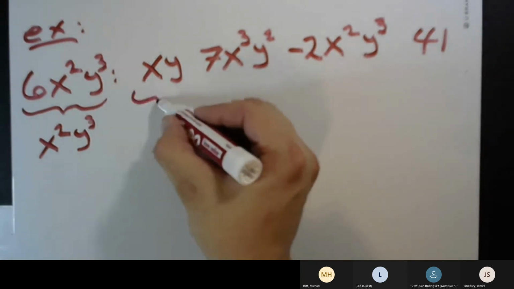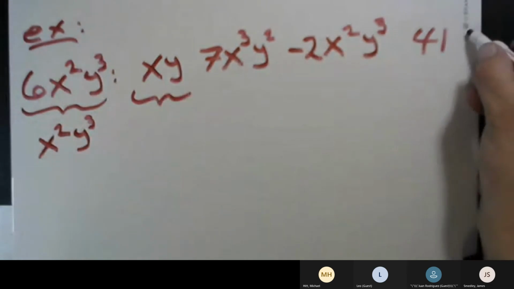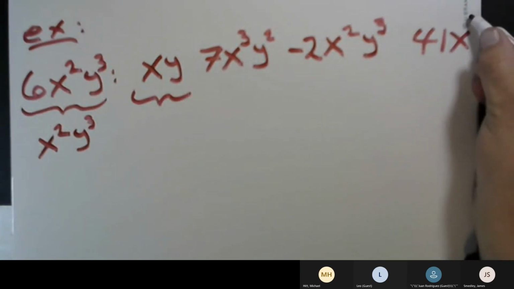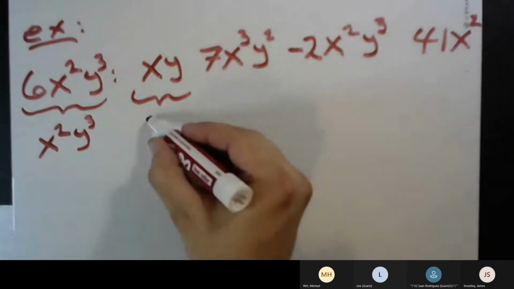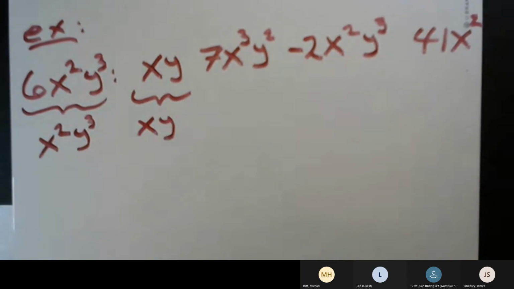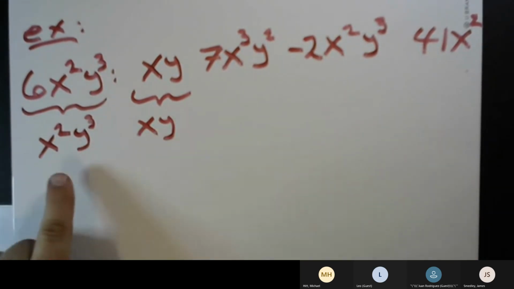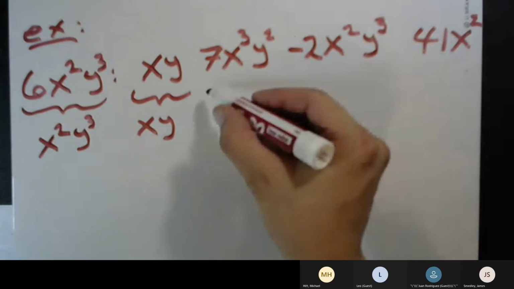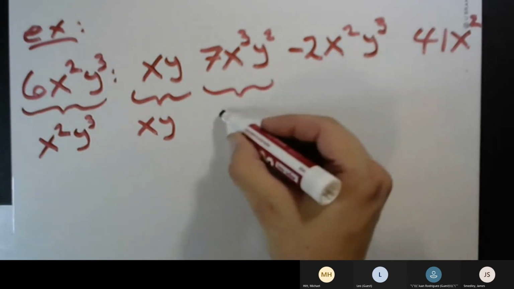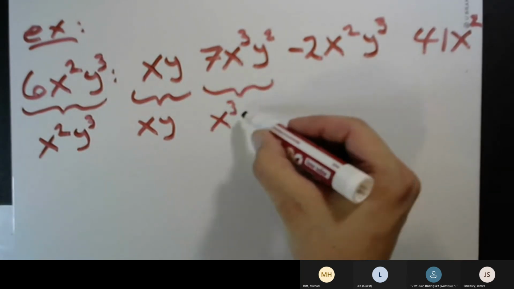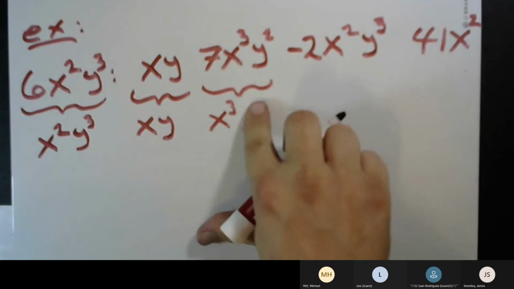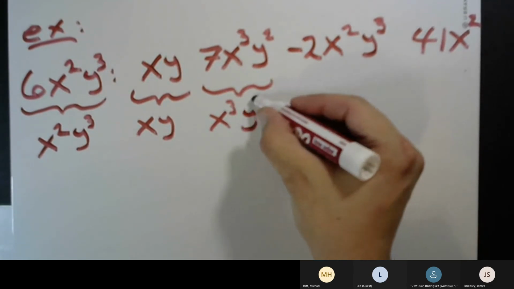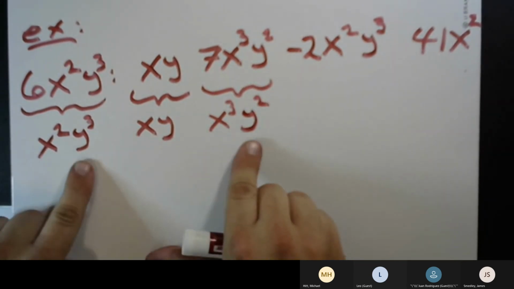Now this one has an x and a y, but it's just x and y without exponents. So it's not the same type as that. Now this one is darn close. It's x cubed y squared. It's got the right variables.